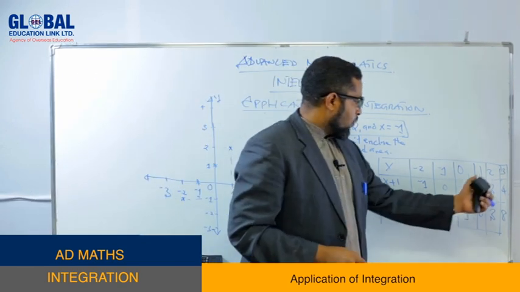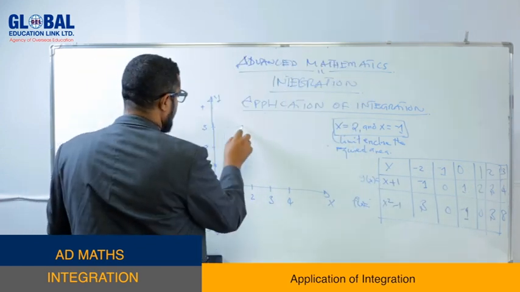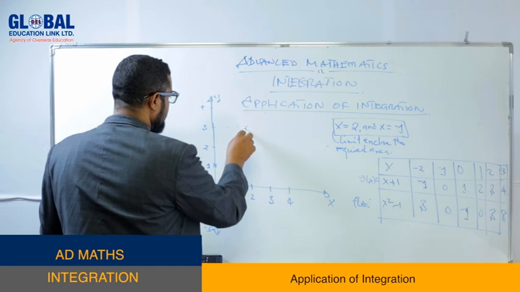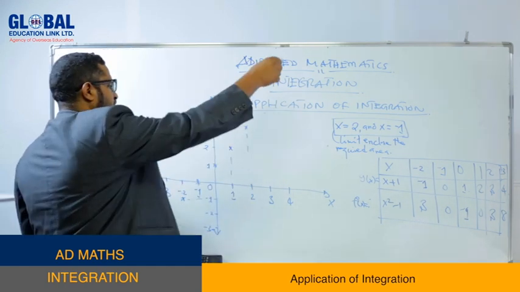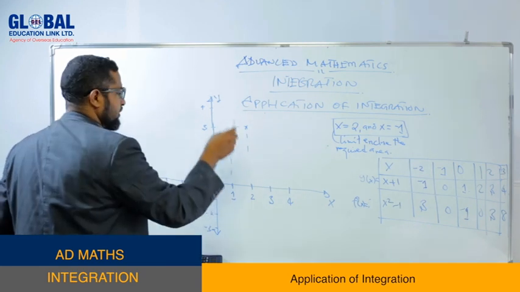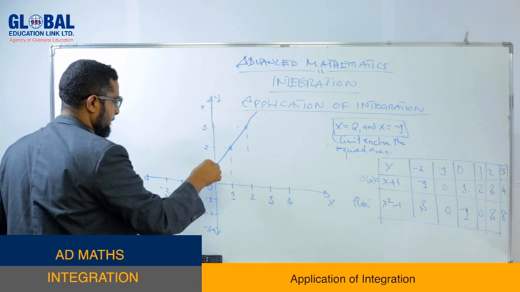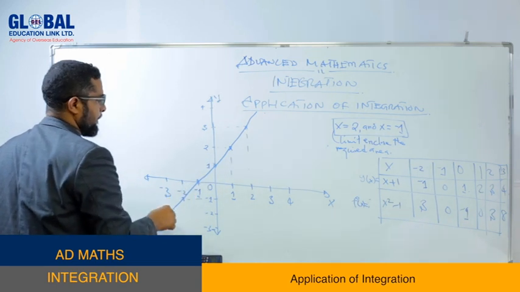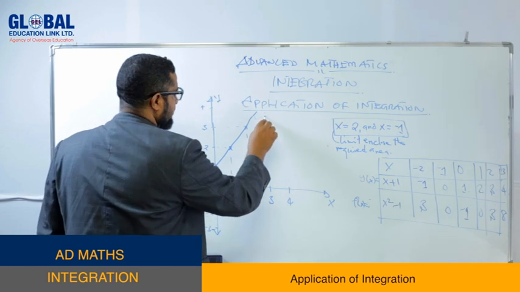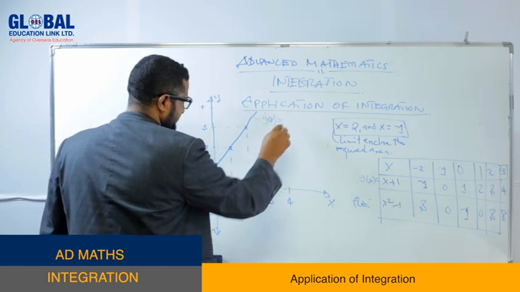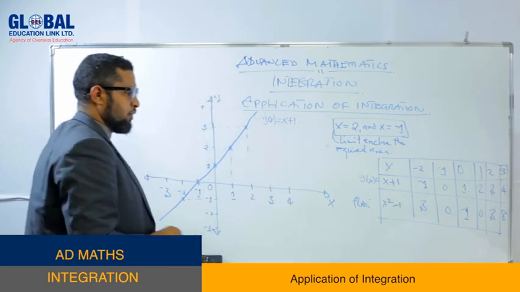And when x is equal to 2, we have 3. So from there, just join the points using a ruler, and then name that this is g of x equal to x plus 1.